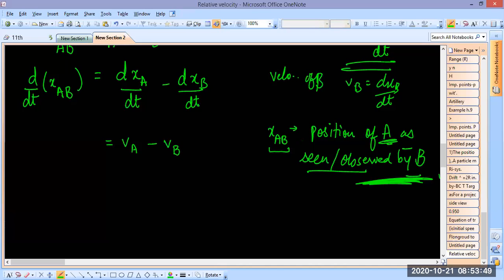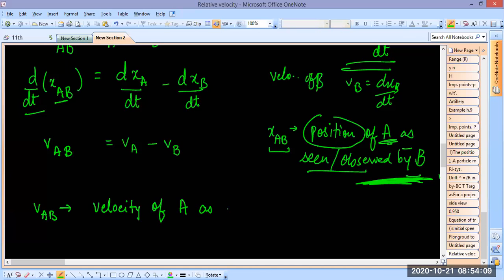So if I do differentiation of a position, we'll get velocity. So now what does the symbol vab mean? It means velocity of A as observed by B, right?